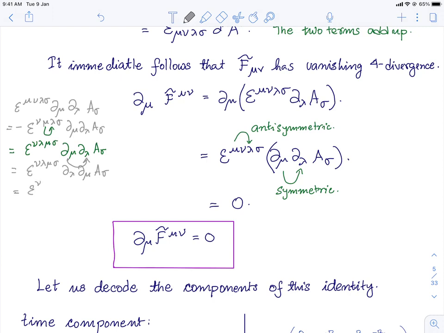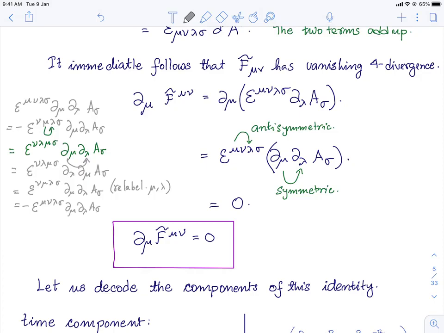So this becomes mu lambda sigma, then mu del lambda a sigma. Relabel mu and lambda. Now I can again pull the nu inside. That is going to give me a sign. So that is going to give me epsilon mu nu lambda sigma del mu del lambda a sigma.